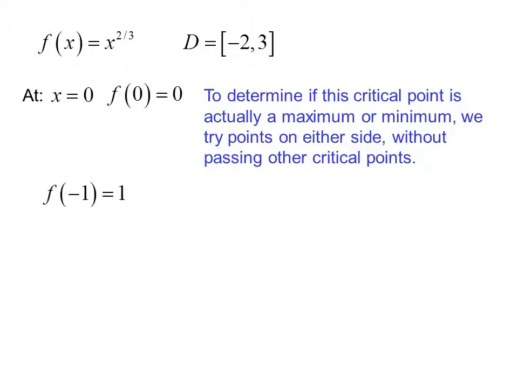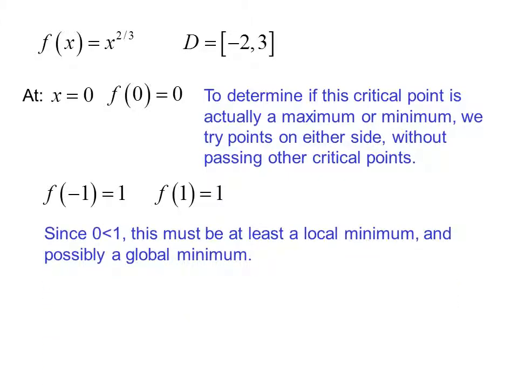f of -1 equals 1, f of 1 equals 1. Since 0 is less than 1, this must be at least a local minimum and possibly a global minimum.